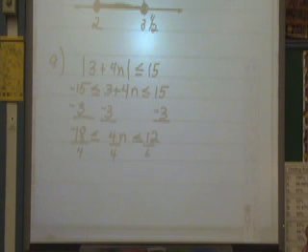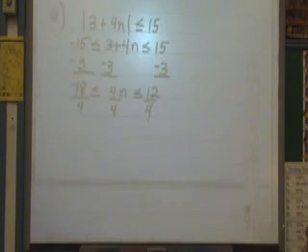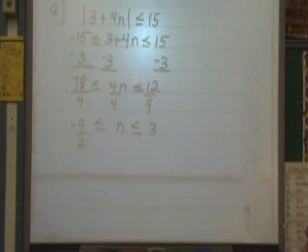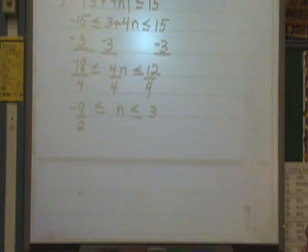Divide by 4 on all 3 sides, and you get negative 4.5, or negative 9 halves, is less than or equal to n, which is less than or equal to 3. And then you graph it, and you have dots on negative 9 halves, or negative 4.5. And you also have a dot on 3, and they're closed, and then you shade in between them.